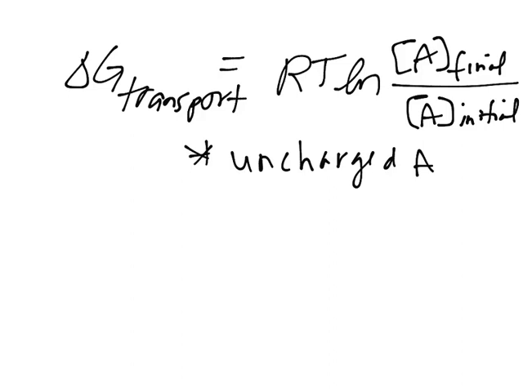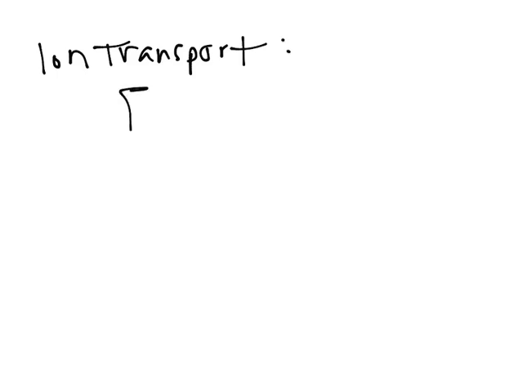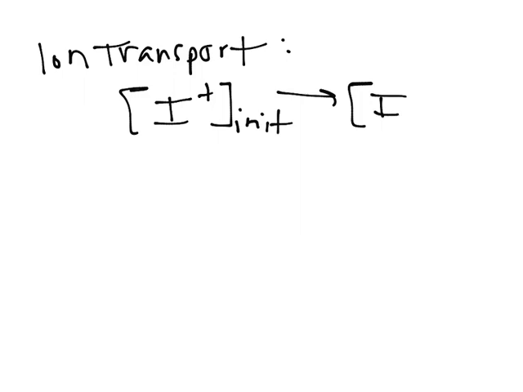Okay, so if we're talking about ion transport, on the other hand, now we've got to deal with a chemical potential as well as a charge potential. So we're talking about some ion, let's make it a cation, starting on one side of the membrane and ending up on the other side of the membrane.